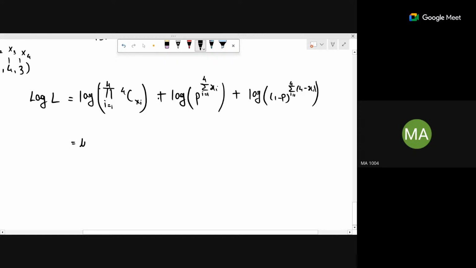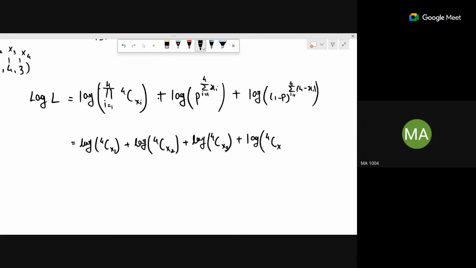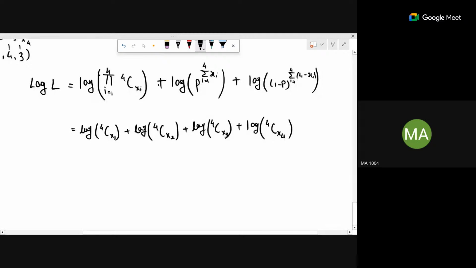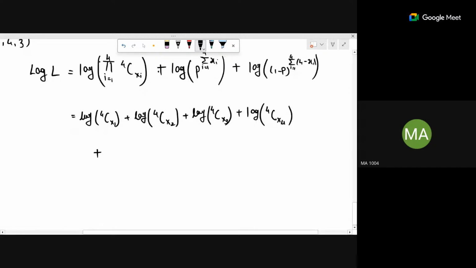That's nothing but log of 4c x1 plus log of 4c x2. This will give some number when we put in the values. Log of 4c x3, log of 4c x4, and then the next terms: plus summation i equal to 1 to 4 of xi log of p.